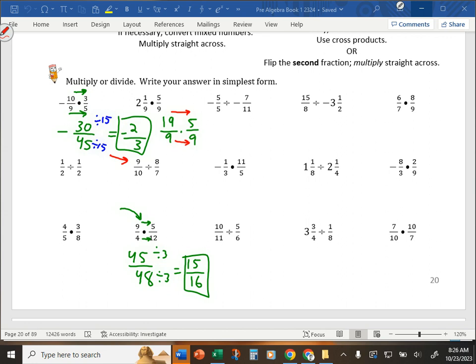So the little secret about dividing fractions is we don't actually divide them. We rewrite it, or we use a method, so we end up multiplying. Because 9 divided by 8 doesn't work out evenly. 10 divided by 7 doesn't work out evenly. That's a problem. So one option is to take that second fraction and you flip it. Okay? Instead of 8/7, it becomes 7/8.